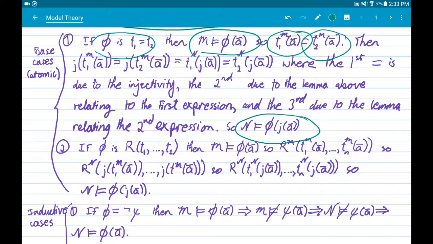Now, from this we can apply the mapping to the two elements here, right? This is an element out of the domain, this is the same element out of the domain, so if I apply the mapping, those will again be the same.